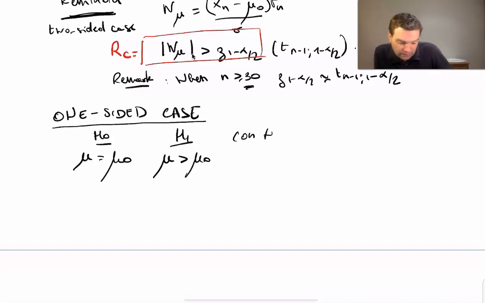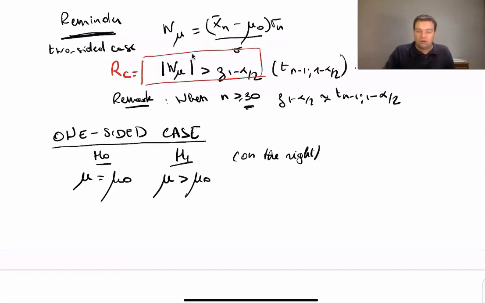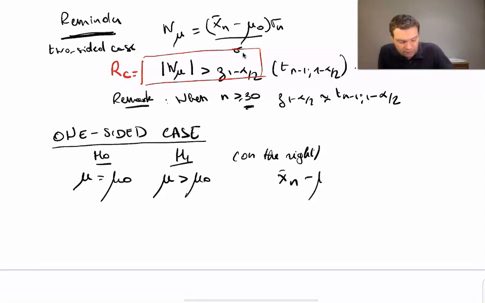On the right, we have seen that before. Thus, in this case, we have to transform the critical region of the two-sided test into a critical region for the one-sided test on the right. How did we do previously? We said previously, okay, we were looking at this quantity.